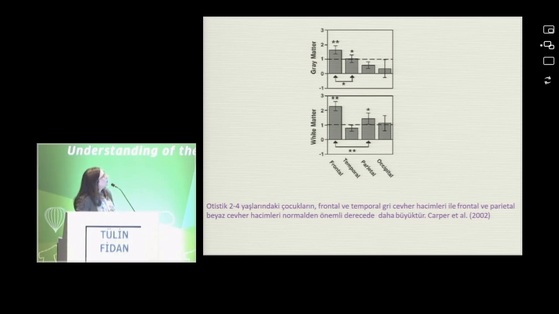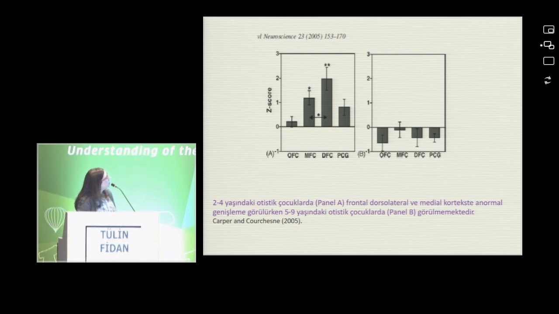Here you can see children between 2 and 4 years old. The gray matter volume is measured in the temporal and frontal lobes, especially between 2 and 4 years of age. Volume is higher. In the white matter, especially the frontal and parietal regions, you can see there is significantly higher volume in the autistic children.